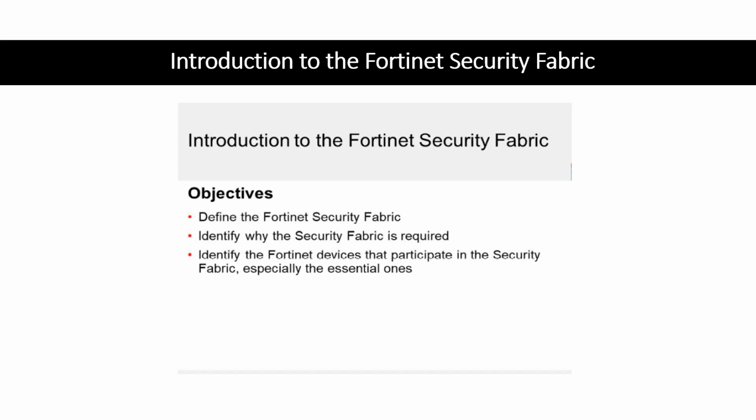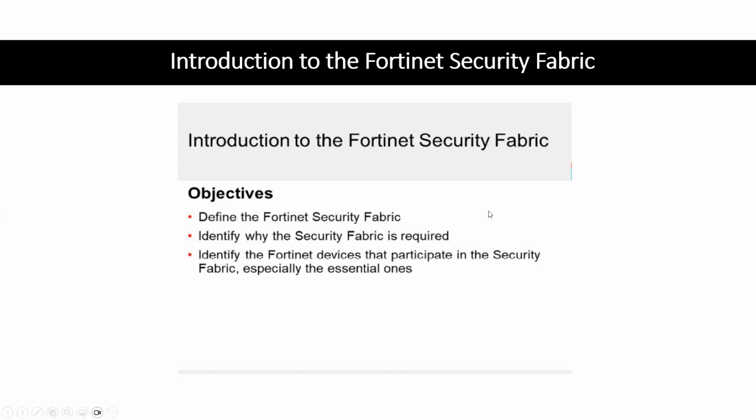Fortinet devices means FortiMail, FortiEDR, anything outside of the FortiGate firewall, but it does include the FortiGate firewall. You'll learn how to deploy it, but also how to prevent compromise to it, all within this chapter.